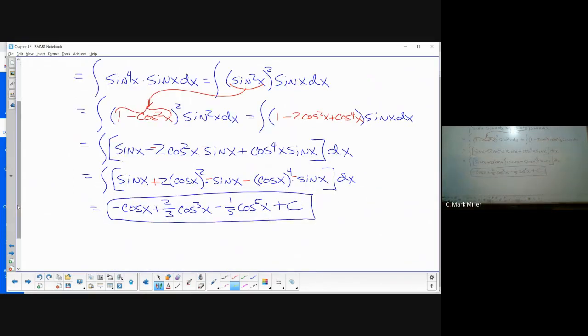So here I have a bunch of stuff. The 1 is a constant, of course. These are cosines to different powers, all times the derivative. That's why you peeled off that sine. You peeled it off and saved it. That becomes this, and this right here, you can integrate.